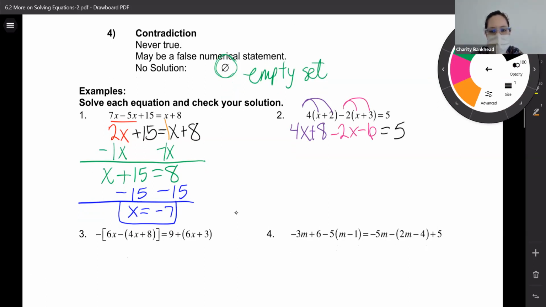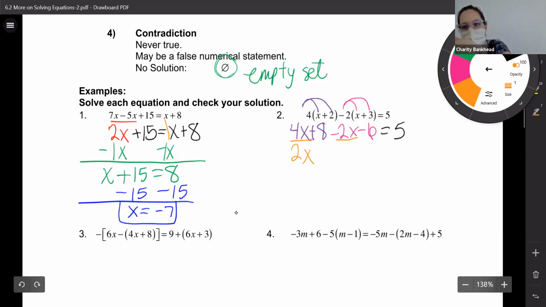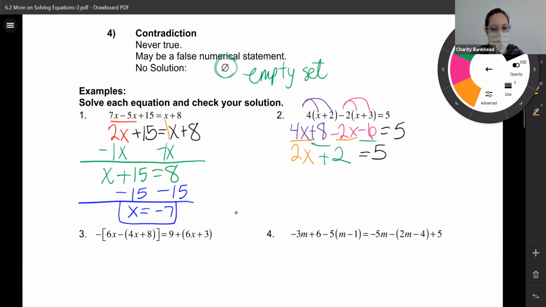Okay, and I still need to simplify by combining like terms. So 4x minus 2x equals 2x, and 8 minus 6 equals positive 2, and then I just bring down equals 5. So I've got 2x plus 2 equals 5.